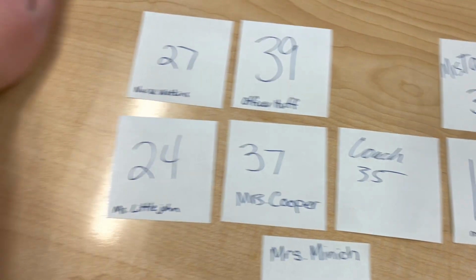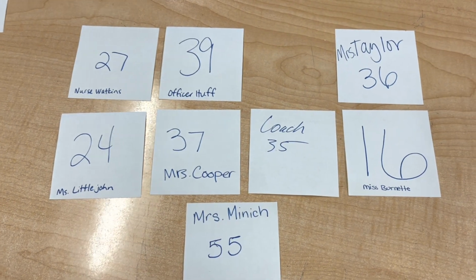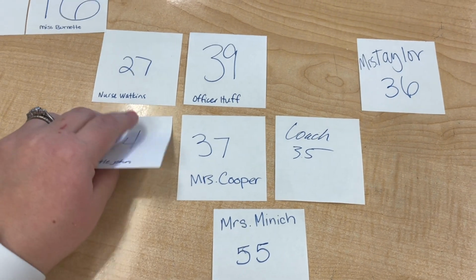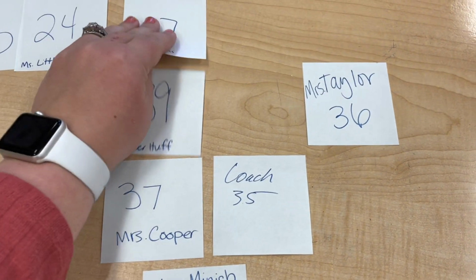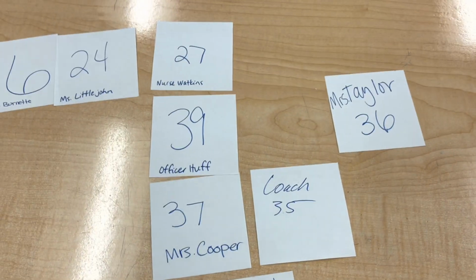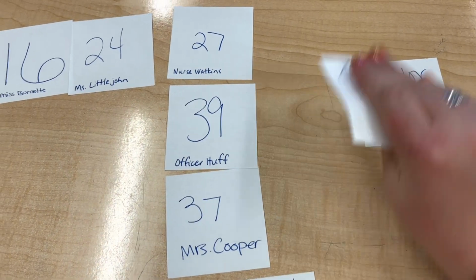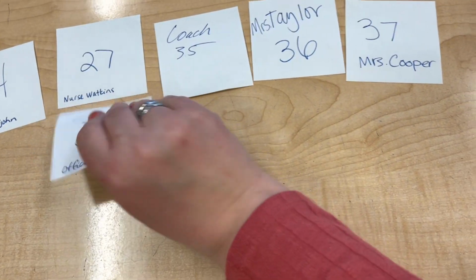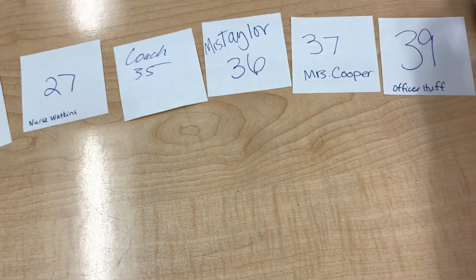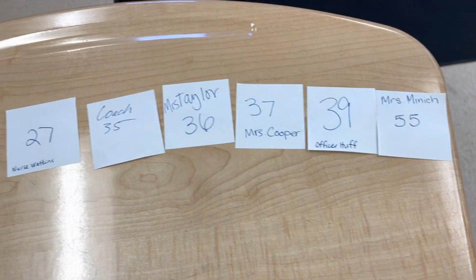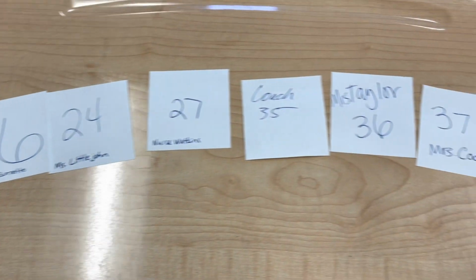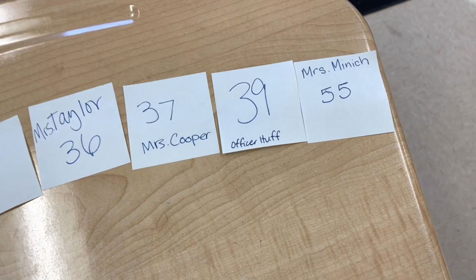So we're going to do Miss Gentry first, and then Miss Burnett, and then we have the 20s, so 24, 27, then we have the 30s, so we have 35, 36, 37, 39, and then Miss Minnick down here had 55. So here is all of our data, from least all the way to greatest.